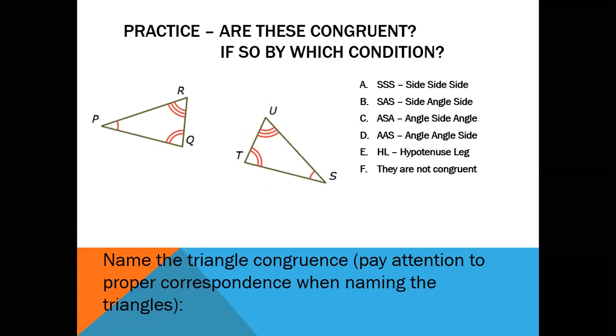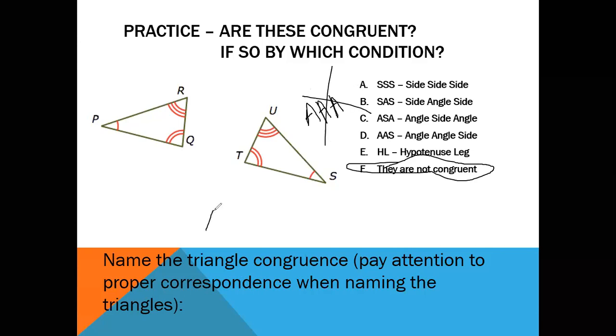Angle, angle, angle. Very good, Abby. Is that allowed? No, so they are not congruent. Angle, angle, angle is not one of the answer choices that is allowed. So we're not going to write that they are congruent, because they're not.